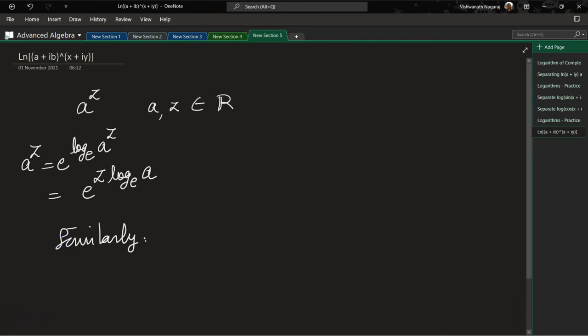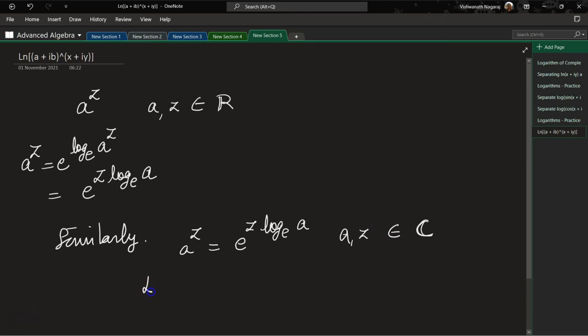Similarly, when it comes to a complex number to the power of complex number, we can write the same thing. So a to the power of z is equal to e to the power of z log e a, where a and z belong to complex numbers.